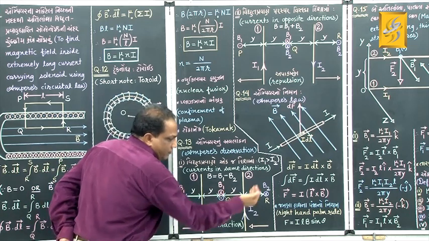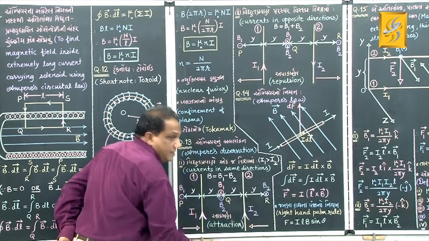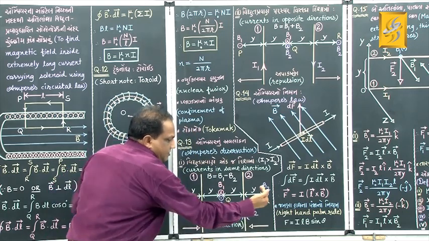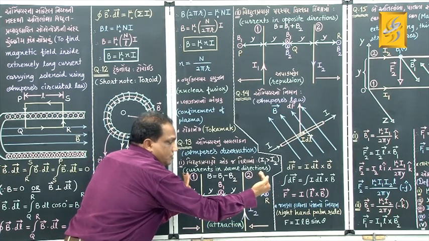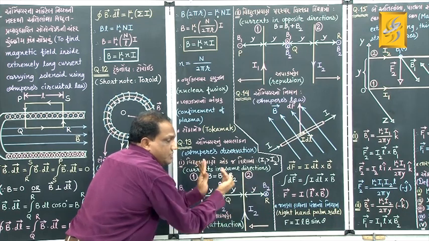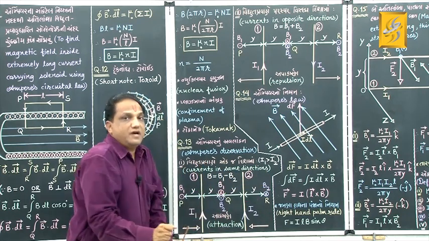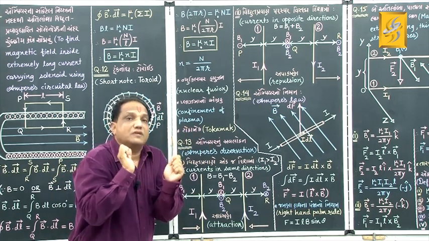On this wire, the magnetic force is exerted this way. Now look at these two directions. These two magnetic forces are exerted on the two wires such that they will force the two wires to approach each other, correct? So they will go closer towards each other. That's why you can say there is some attraction. That's why they are going closer, correct?